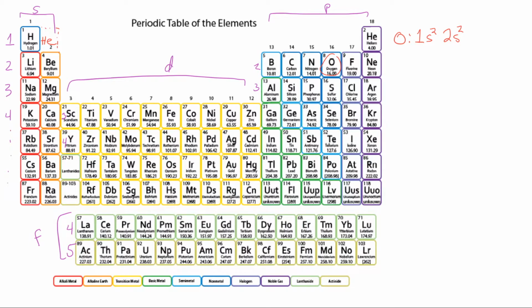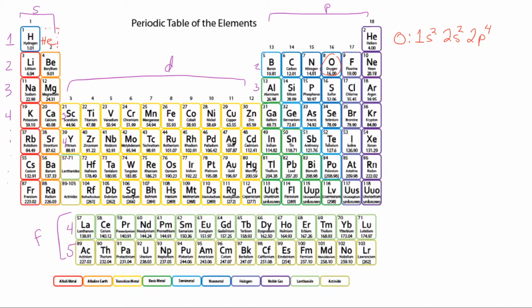It's the first P block we've seen, so we're going to call it the 2p, right? But there's 4 electrons. And that's it. That is the electron configuration of oxygen. At this point, if the question asked you to create an ion, you would start taking electrons away from the valence shells. We'll get to some ions a little later. Let's keep doing examples though.